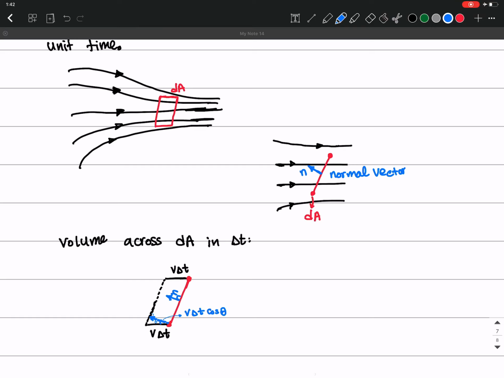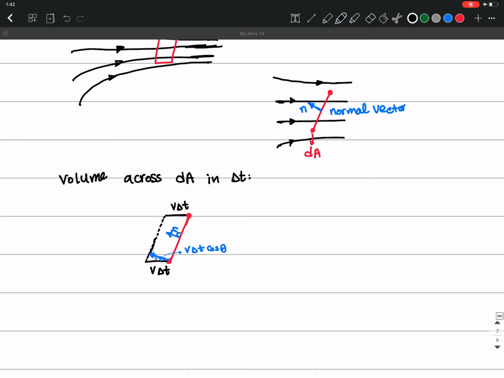Okay, so now the volume that is being transported into this is V delta t cosine theta times, this is going to be actually that delta x, and then you need to multiply that by dA to get the volume.